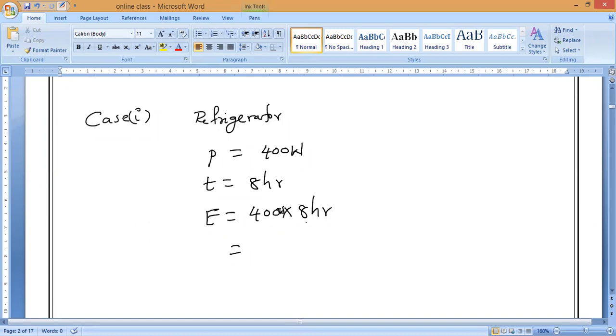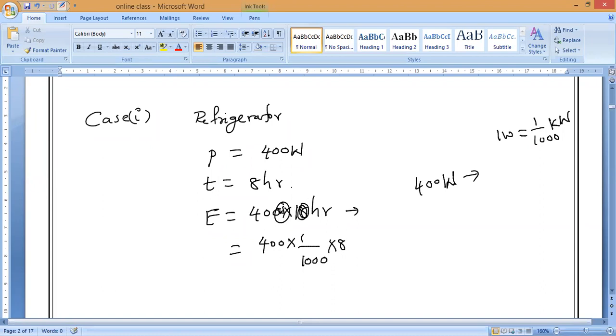As we know, we have to convert into kilowatts. So 400 watt, we can convert into kilowatt. 1 watt is equal to what, guys? Equal to 1 by 1000 kilowatts. Sir, this one 10 hours?